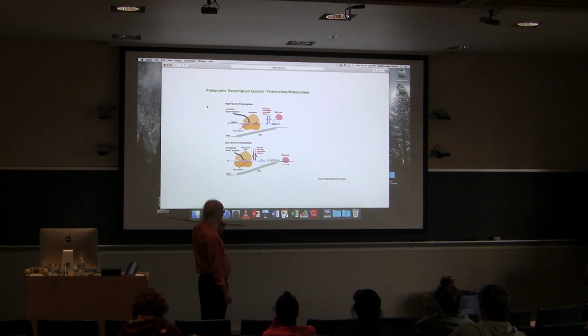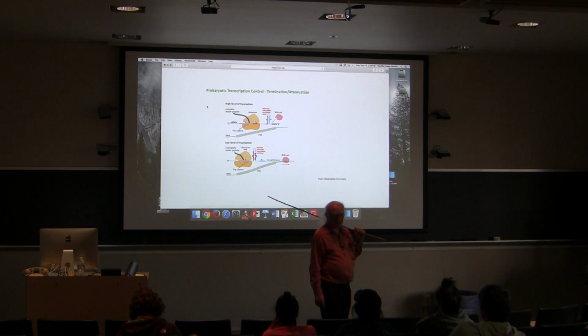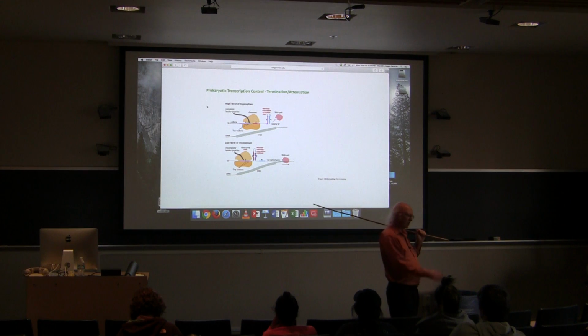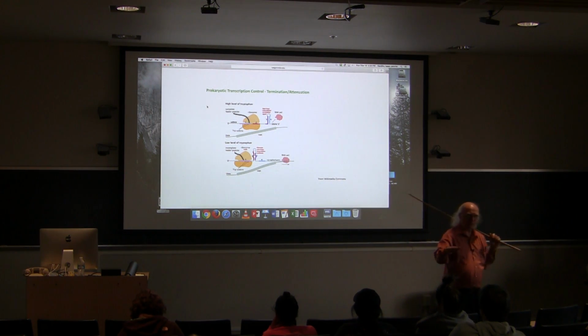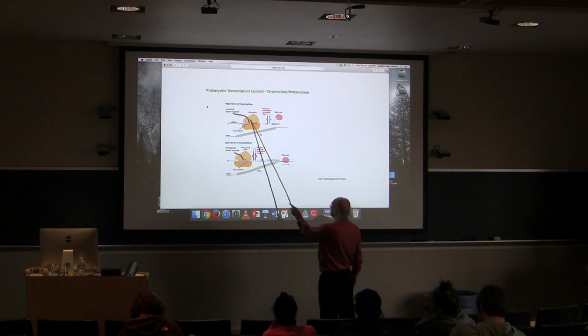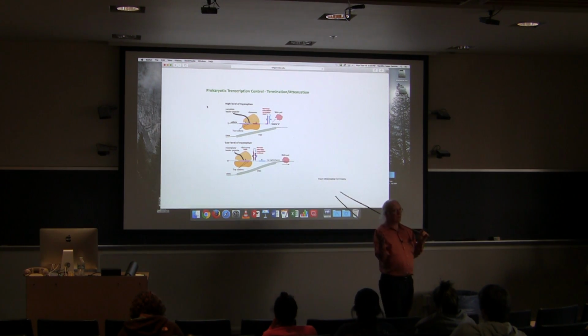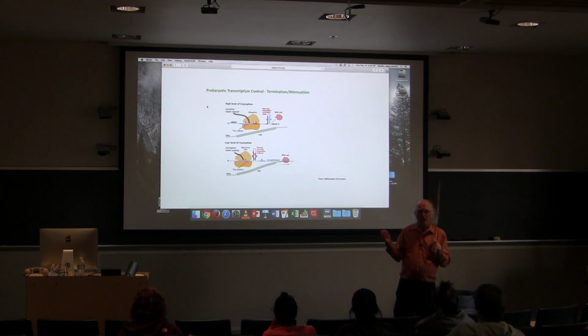If you have a high level of tryptophan, the ribosome is going to have nothing to slow it down. Once it gets started, it's just going to go moving along, smoothly translating, whereas if it's low on tryptophan, it's going to get stuck when it hits tryptophan codons. In this region, there are codons that specify tryptophan. There's more than one of them. There are several.